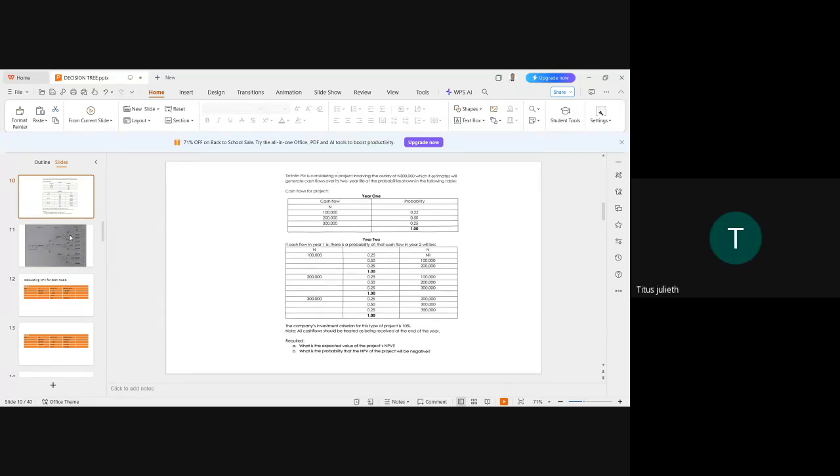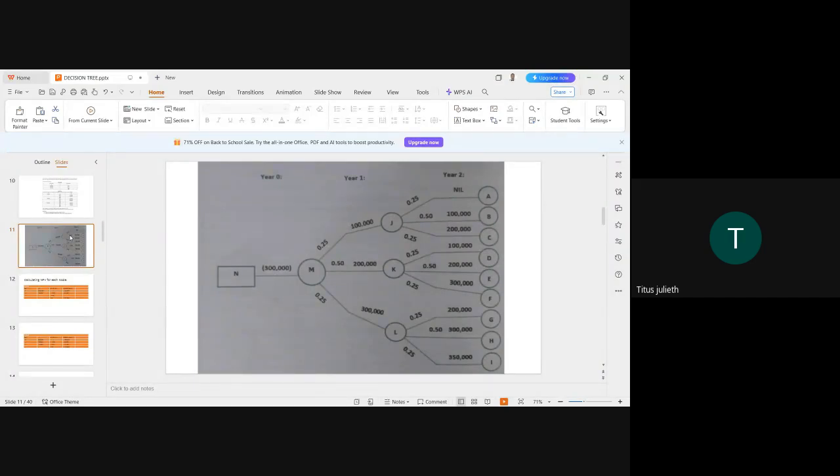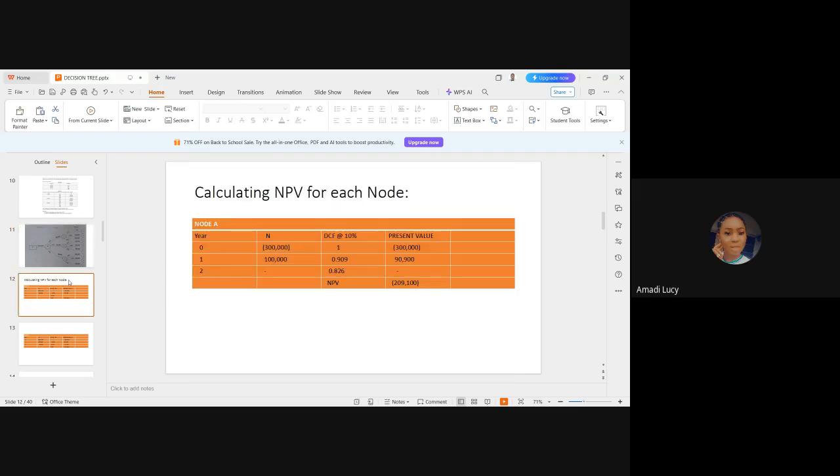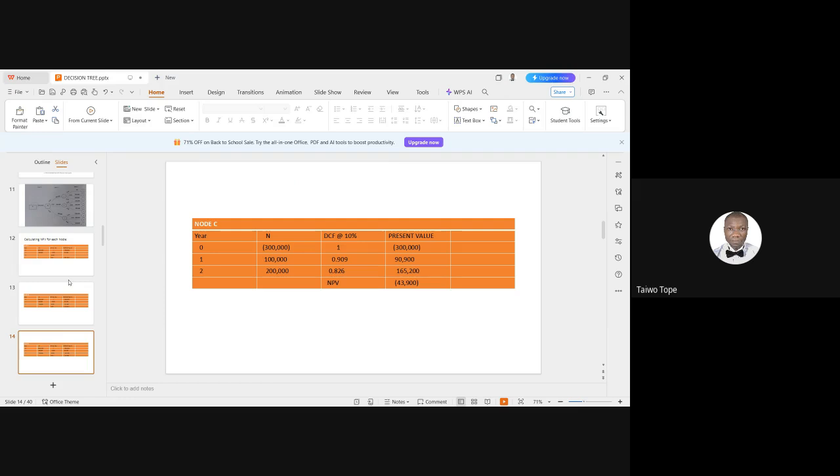The probability that the project NPV will be negative is what? Take notes. It's from the combination of projects A, B, C, D. Very good, that is just the result.